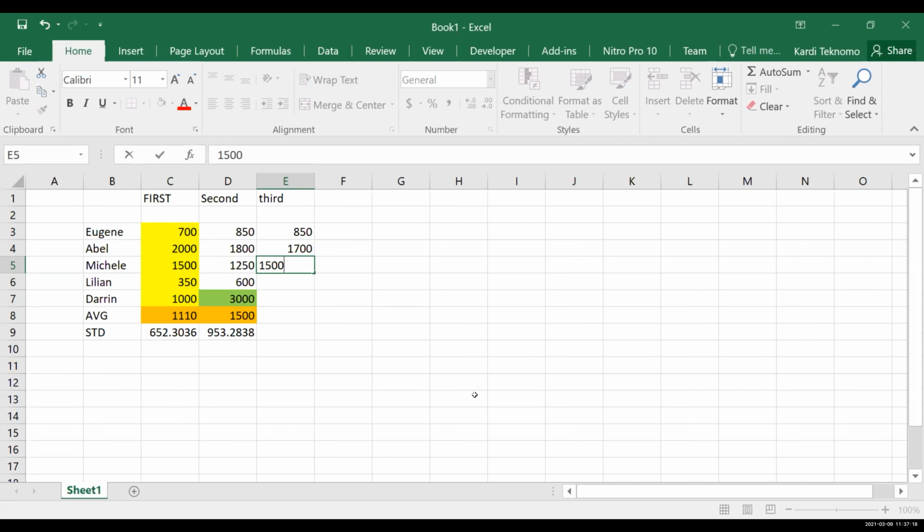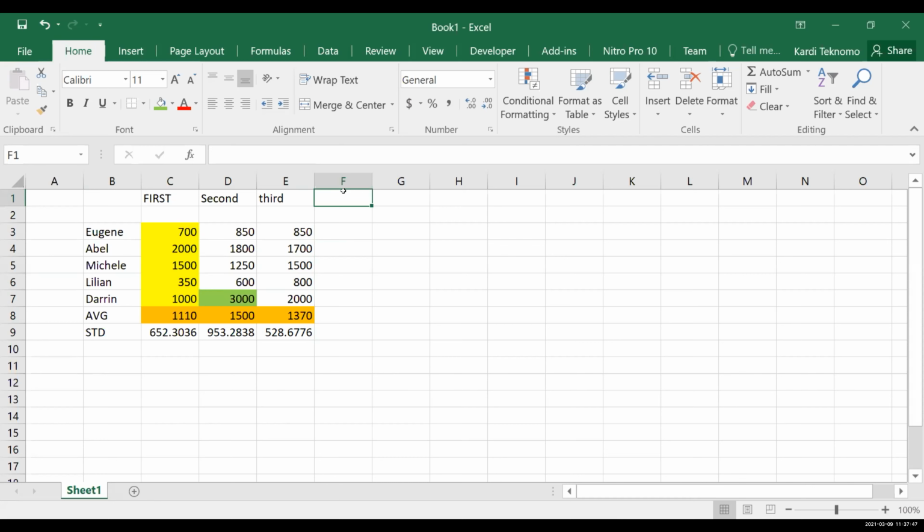How about Lillian? 800. You change to 800. How about Darin? 2,000. Now you see the standard deviation reduced. We can continue again with the fourth round and so on.